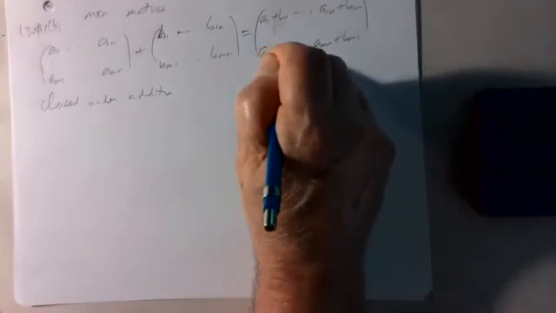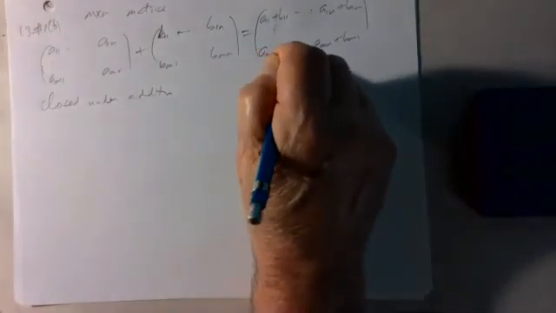To show it's an additive abelian group, first, it's clearly closed under addition. The sum of two m by n matrices gives you another m by n matrix. It's associative.